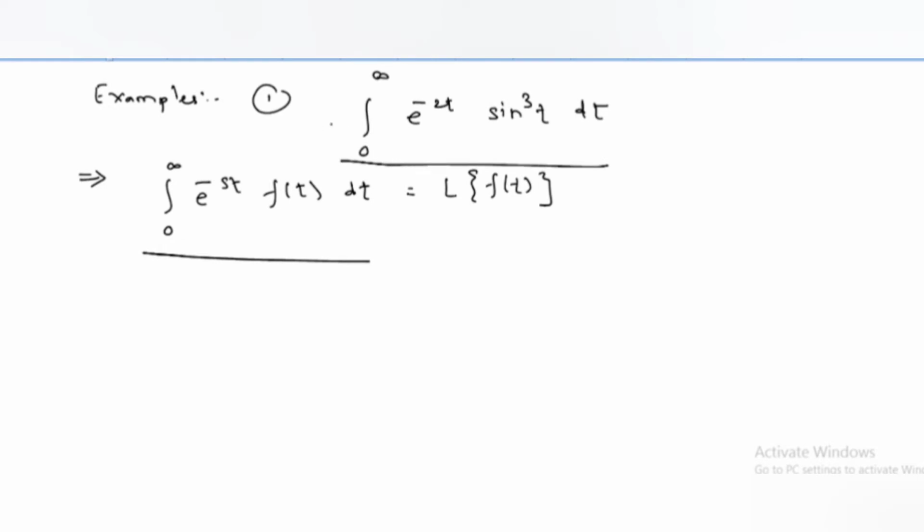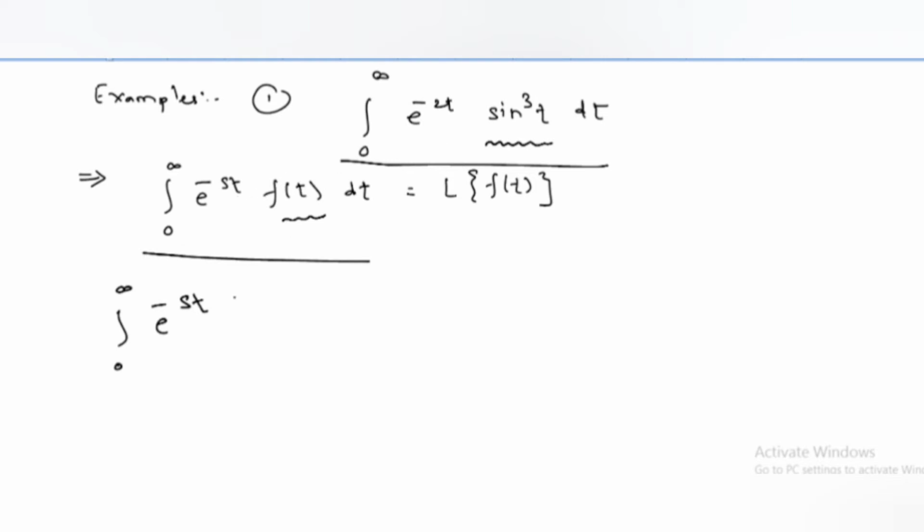Here you see in both integrations, the term is e raised to minus st and here the term is e raised to minus 2t, and f of t is the same as sin cube t. So first we apply the definition. Integration from 0 to infinity e raised to minus st, here we substitute only the value of sin cube t, because the coefficient of the exponential term is f of t.